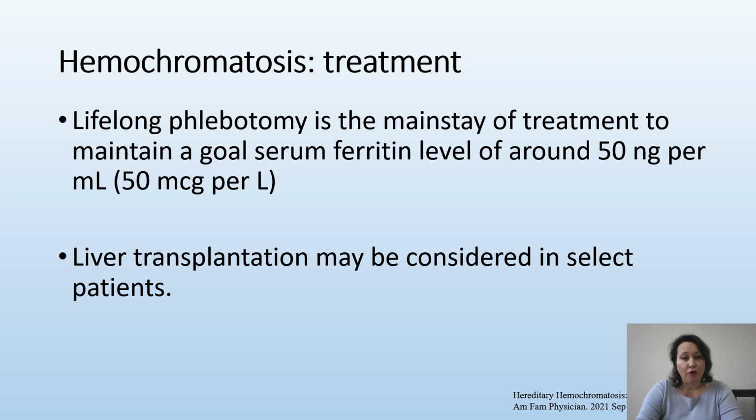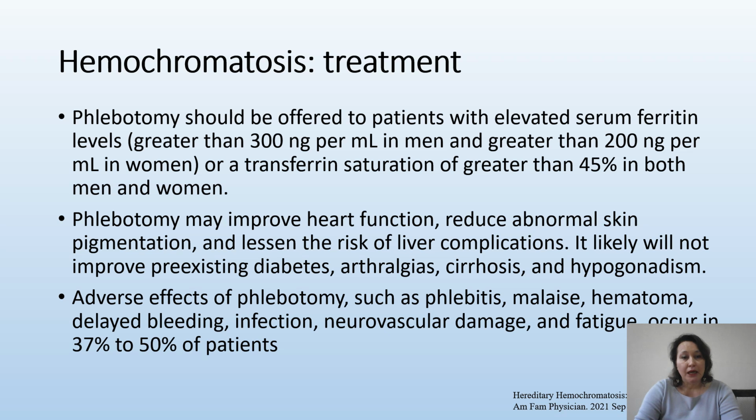About treatment, of course, first line treatment is phlebotomy, and we control the level of ferritin. It should be around 50 nanograms per milliliter. In a patient who has end stage liver disease, liver cirrhosis, we consider liver transplantation. Phlebotomy we do in a patient who has highly elevated level of ferritin or transferrin saturation.